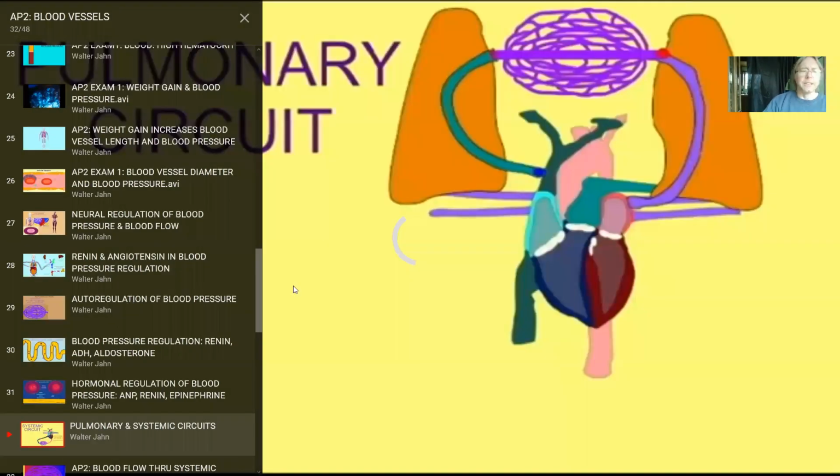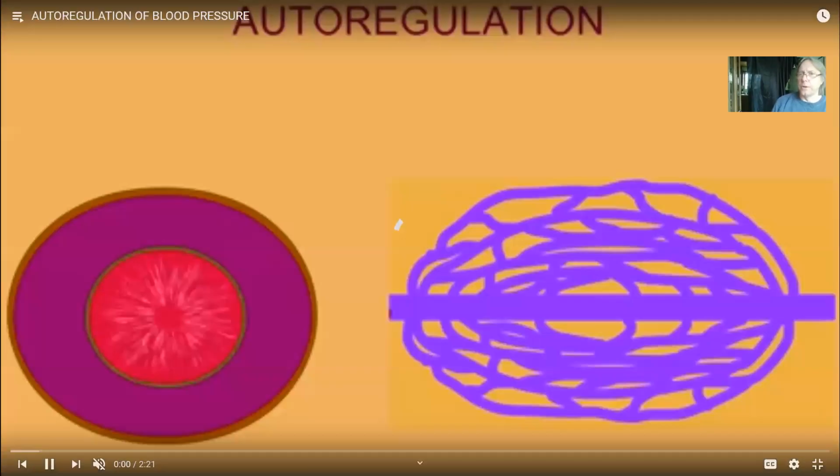And so that indicated that in addition to the nervous system having a say on what your blood pressure is and where blood is going, so do hormones acting from afar.